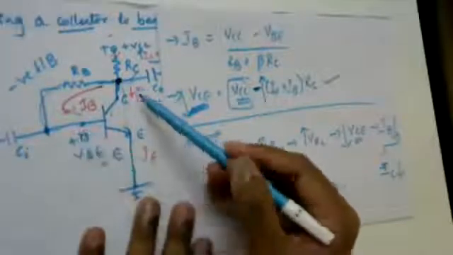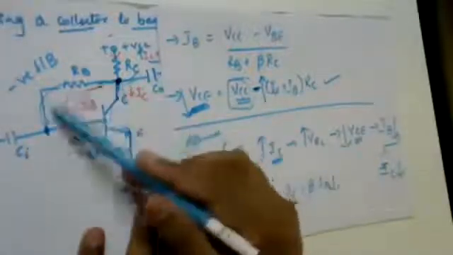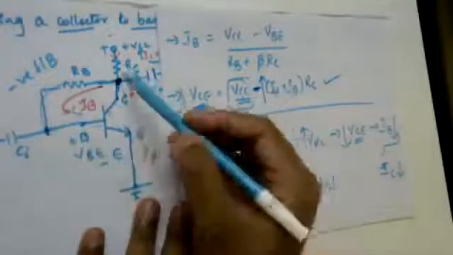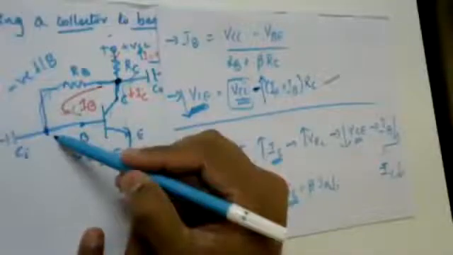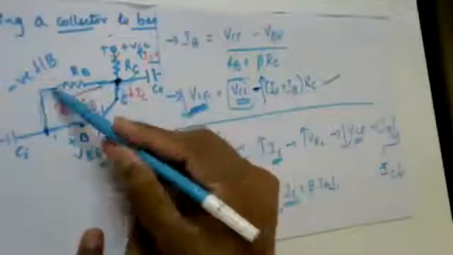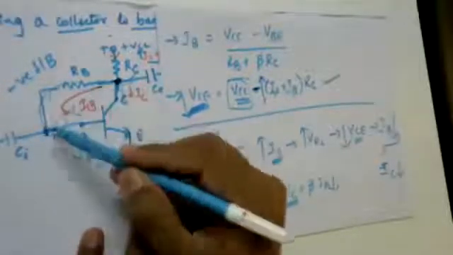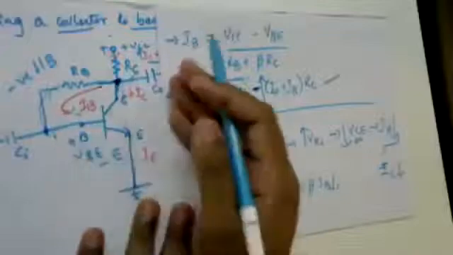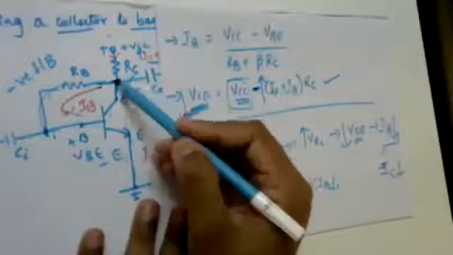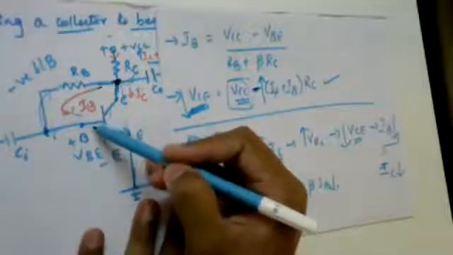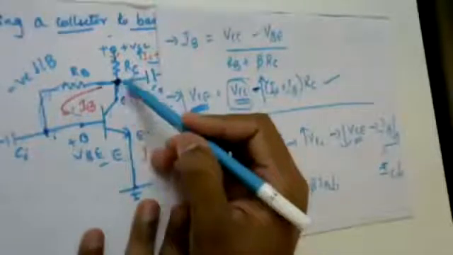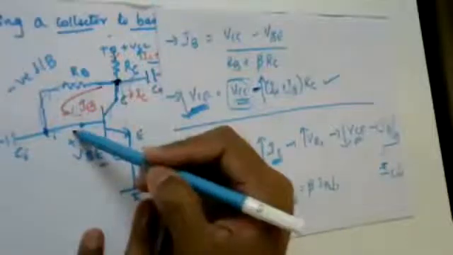If the entire output voltage was fed back, it would mean a direct short between collector and emitter. But what I'm doing here is connecting part of the output voltage as input to the circuit.